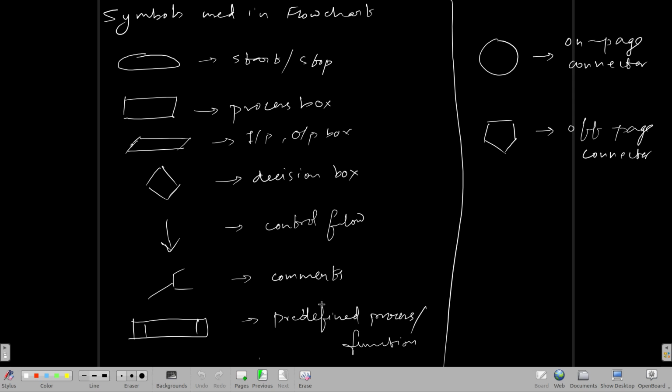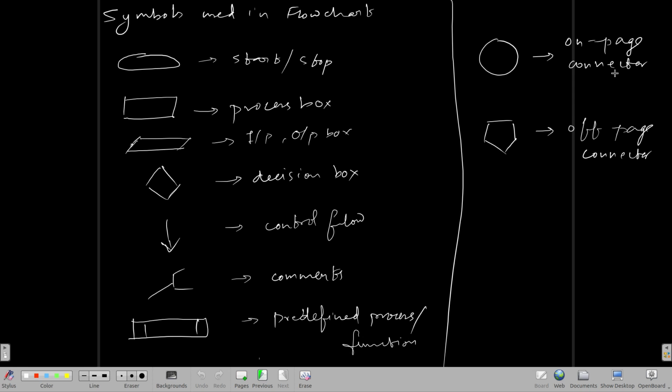For example, if you have to do a process A multiple times in different locations of the program, instead of writing the whole process for A every time, you predefine that set of codes or set of logic as A, and you keep it somewhere, and whenever it is required you just denote, okay, process A is happening here. That is a predefined process, or in programming language we call it a function. It is a very important part of programming.